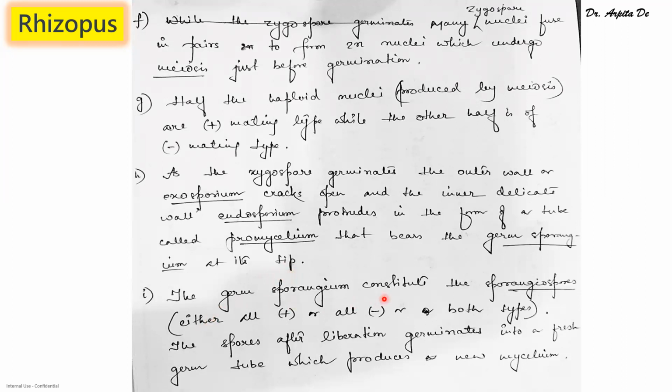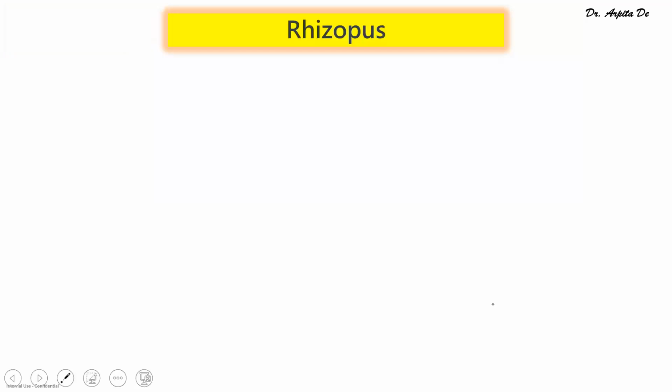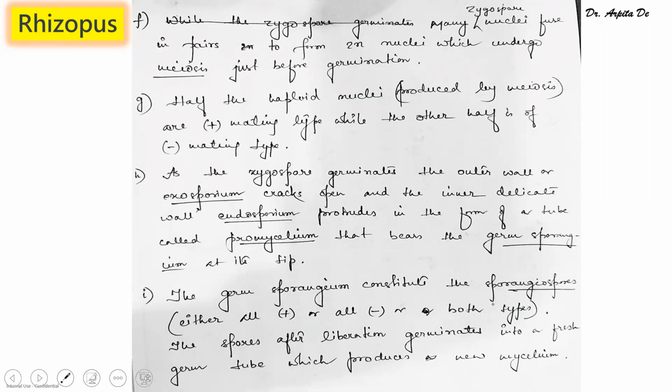The germ sporangium constitutes the sporangiospores, either all plus strains or all minus strain or both types. The spores, after liberation, germinate into a fresh germ tube which produces new mycelium. So this is all about the sexual reproduction in Rhizopus.